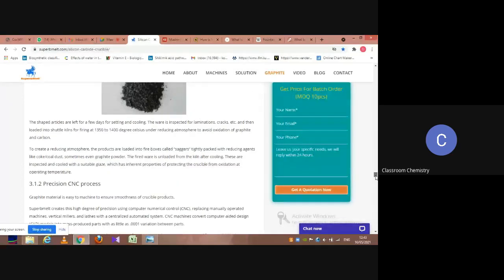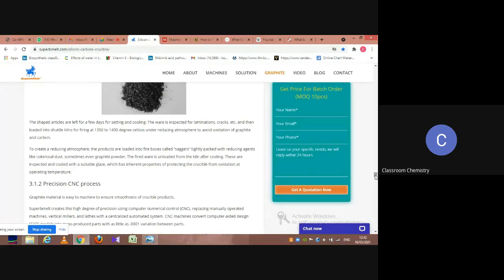Okay, so this way you can prepare any type or any size of silicon carbide crucibles. In this, there are only two important raw materials. One is silicon carbide, second is graphite, and the secondary materials are the additives or bonding materials.